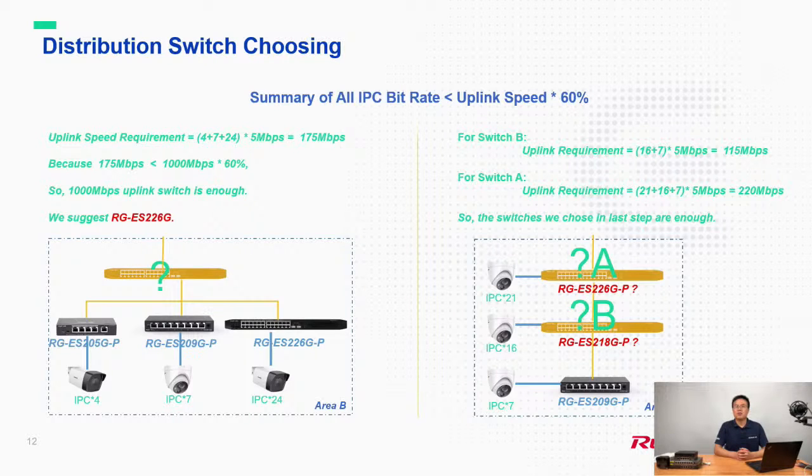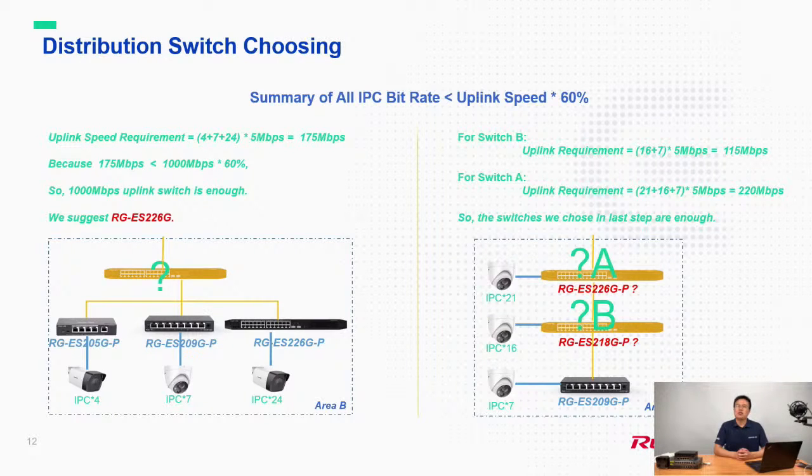For area A, the topology is a chain. For switch B first, we can calculate the uplink requirement like this: it is 115 Mbps. Switch A is a distribution switch, so it not only connects the switch but also has other IP cameras passing through it, so the uplink bandwidth requirement is 220 Mbps.